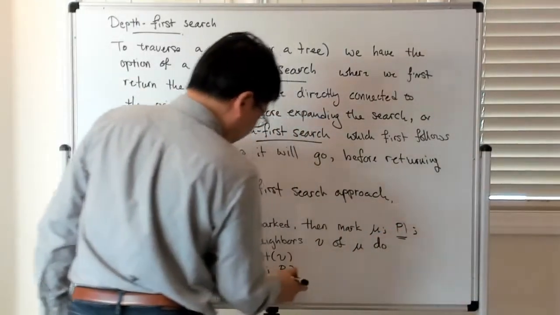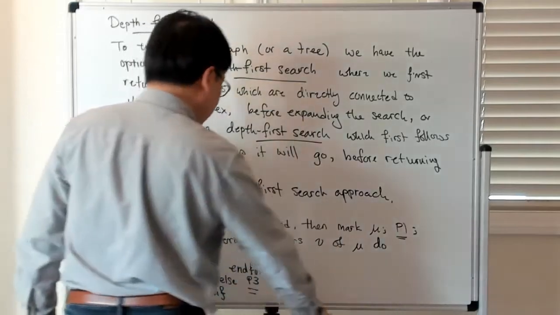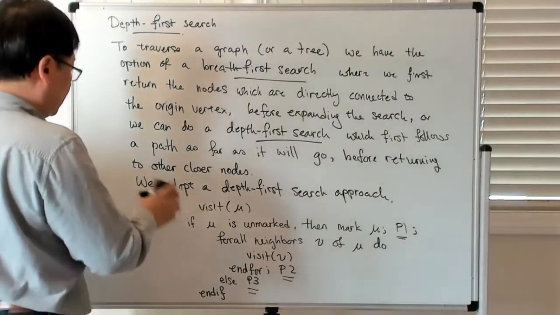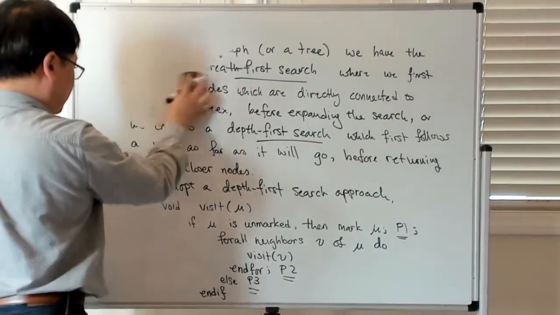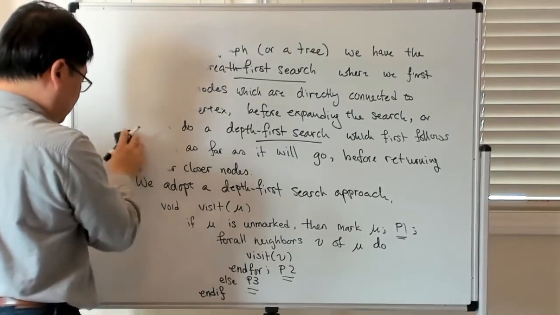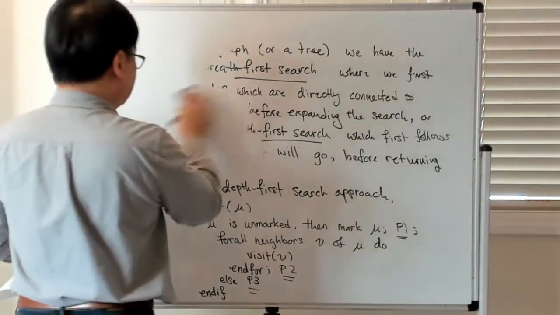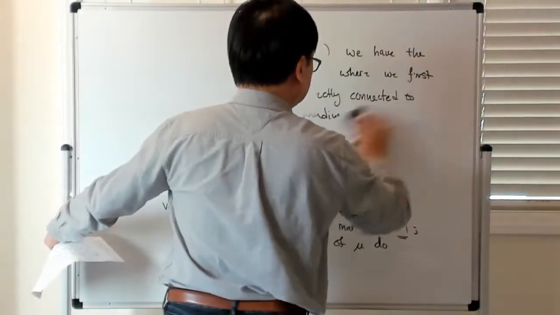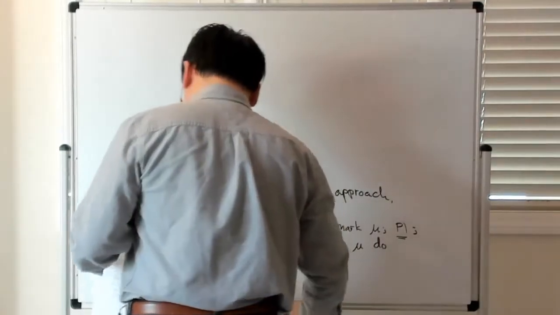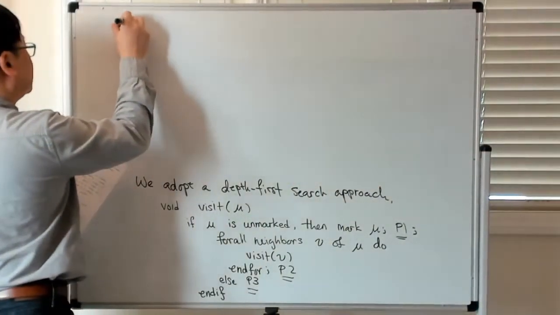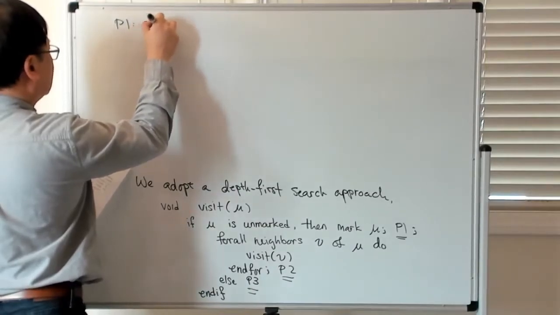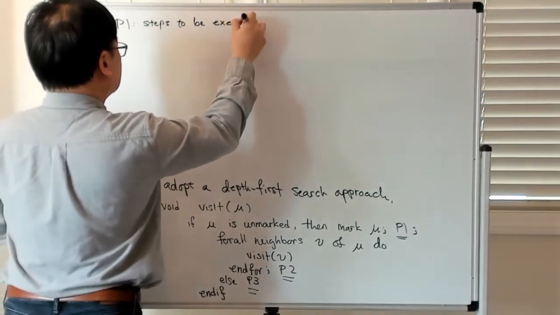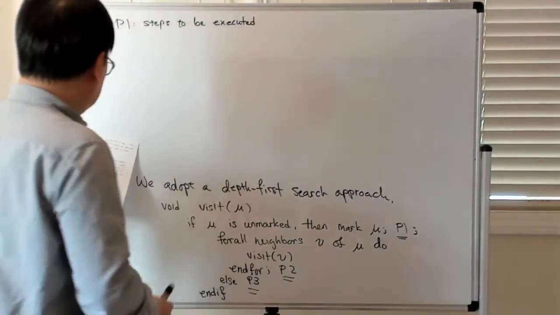There are different things that will show up in P1, P2, and P3. So let me say in broad terms what those correspond to, and then as we go deeper into the algorithms for computing things like orientability and the Euler characteristic, you'll see how these things play out. P1 is just the steps to be executed when you first visit a node.